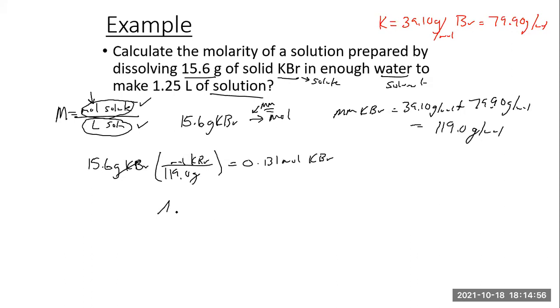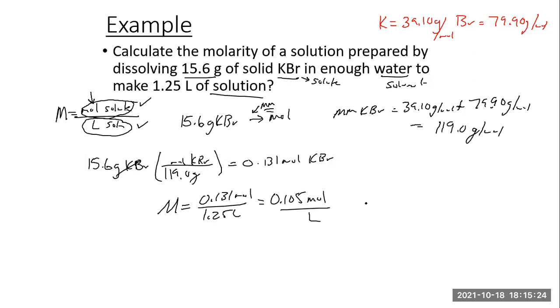We now have our top part that we need. So the molarity here would be our moles divided by the liters of solution, and we will end up with 0.105. Here the units do not cancel, so 0.105, and you can leave it as moles per liter. The number always stays with the moles part, and it's always per 1 liter.